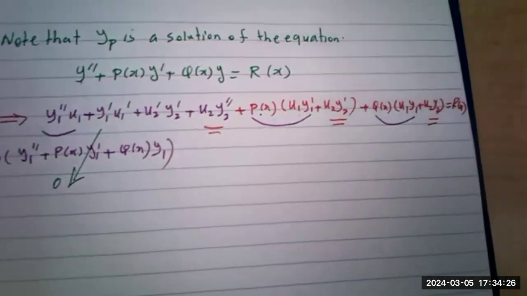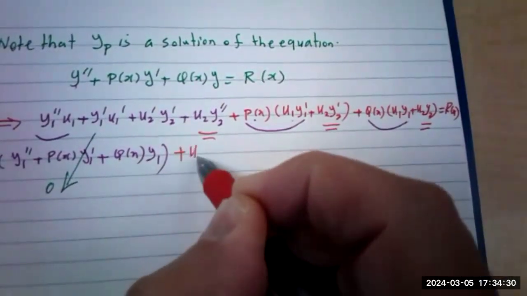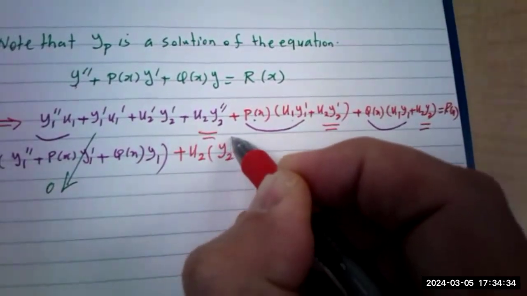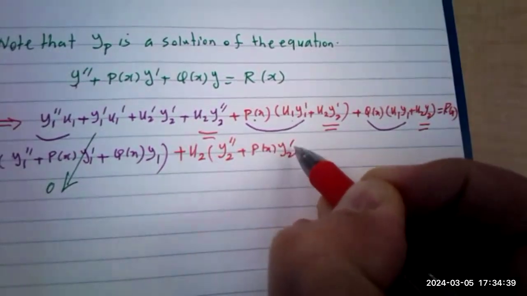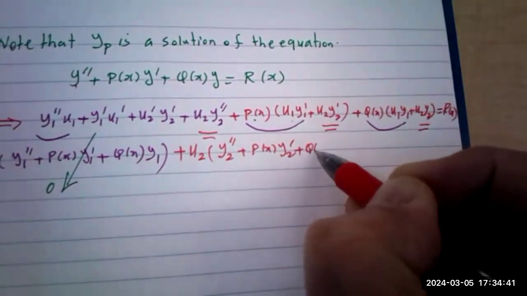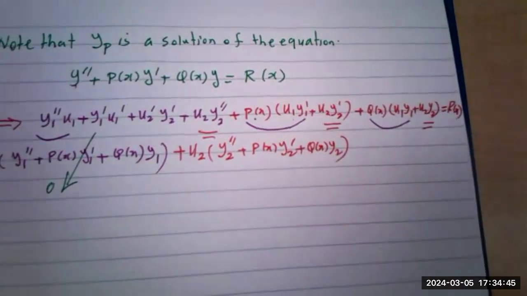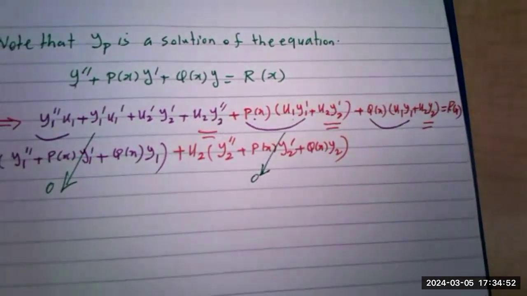So the one that I underlined in red, I pull out a u2. So the leftover is going to be again y2 double prime plus p(x) y2 prime plus q(x) y2. Again, since y2 is the solution of the homogeneous equation, this would be 0.